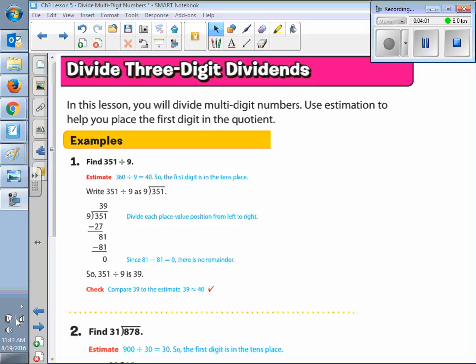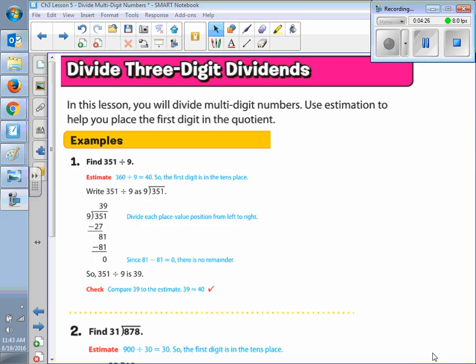So here we have 9 dividing into 35. So 35 divided by 9, because 9 times 4 is 36, we know that 4 would be too much. Does that make sense? Yes. So we've got 35 divided by 9 is 3.